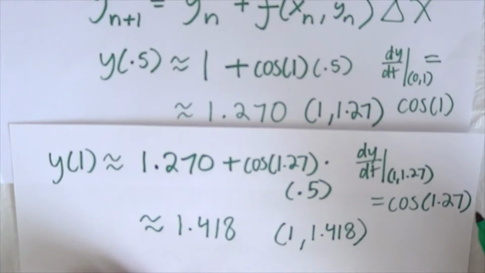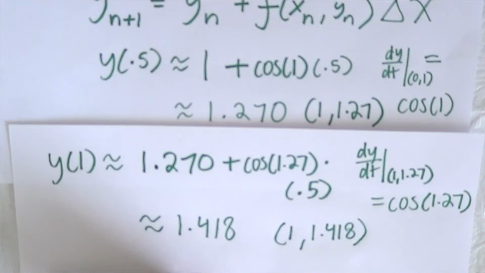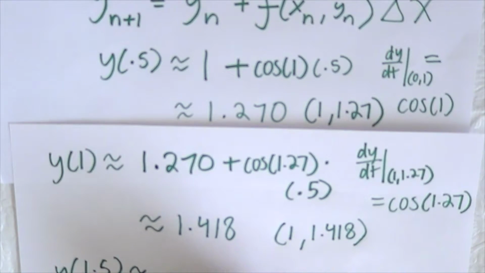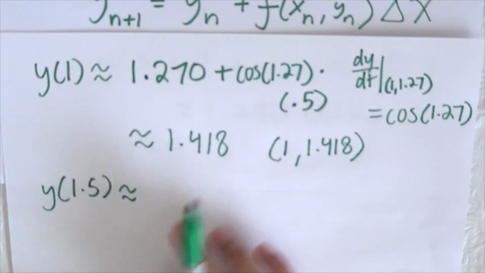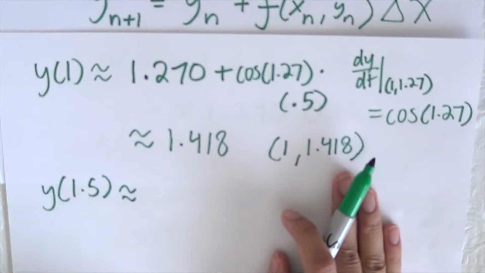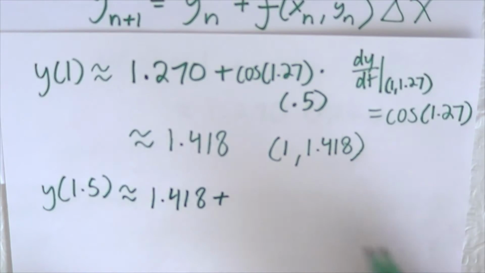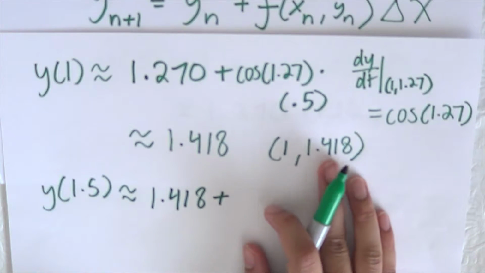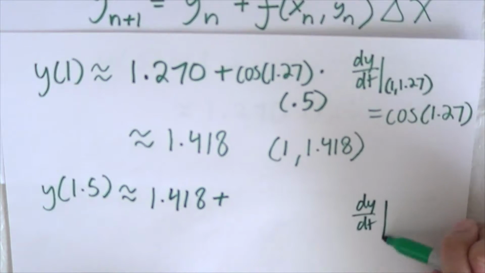Now the next step. So what is our next t value that will go into this y? It will be 1 plus the interval 0.5, so it'll be 1.5. So y of 1.5 approximates to the y value of the previous one, which is 1.418, plus the slope of the previous point, which is dy/dt of this point.